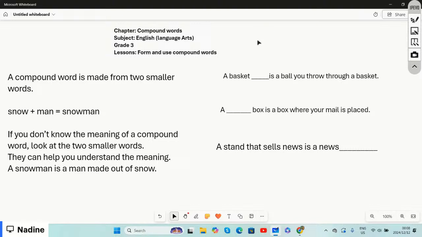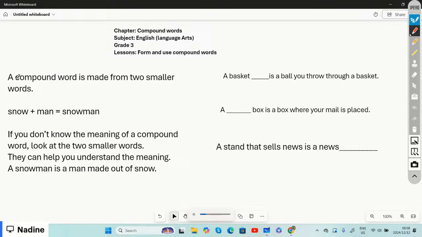All right. So a compound word is made from two smaller words. There are quite a few words where it's almost like you're joining two words in order to create another word.